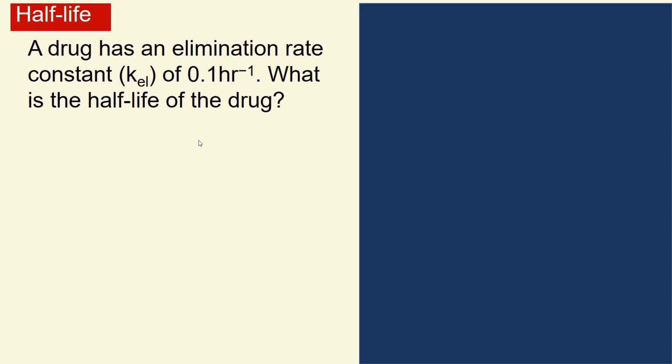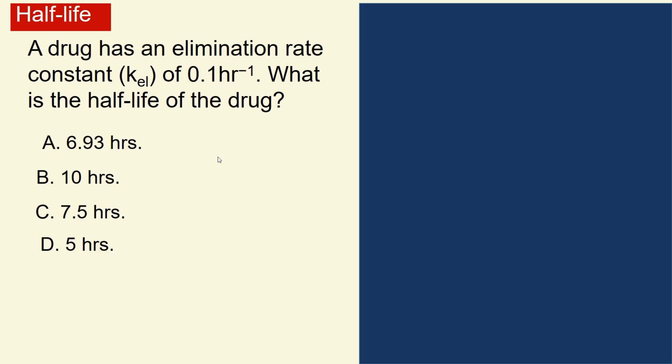The options are: A, 6.93 hours, B, 10 hours, C, 7.5 hours, D, 5 hours. I am giving you the formula on the right hand side. Using this formula, you can calculate the half-life of the drug given the elimination constant.